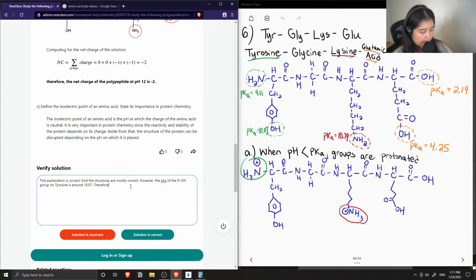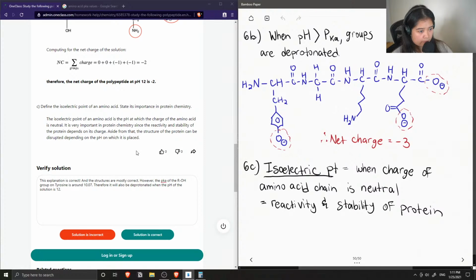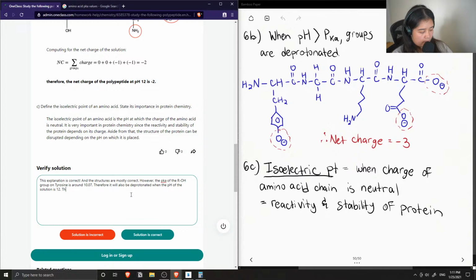So therefore, it will also be deprotonated when the pH of the solution is 12. This makes the net charge in part B equal to -3.